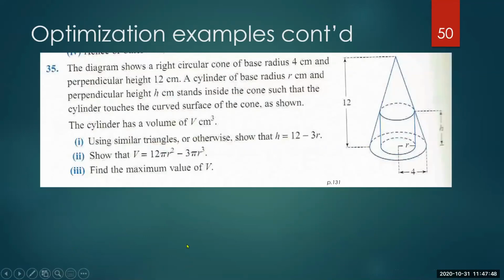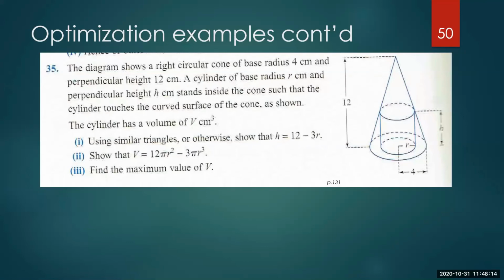So here's another example of an optimization question. The diagram shows a cone with a base radius of 4 centimeters and a perpendicular height of 12 centimeters, and a cylinder of radius r and perpendicular height h stands inside the cone, such that the cylinder touches the curved surface of the cone.